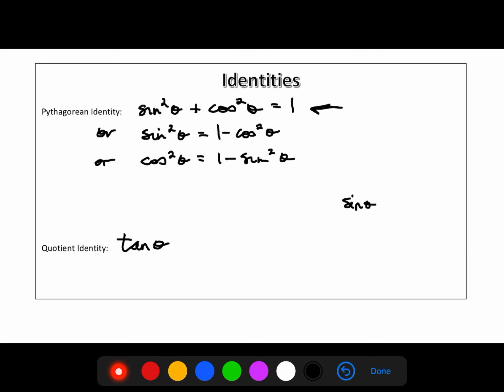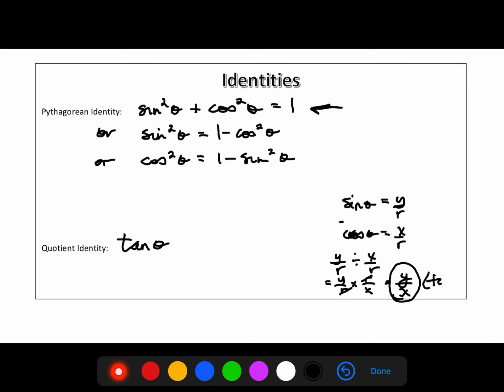Now, if we also take a look at tan theta, we want to be able to rewrite tan theta a little bit more simplified. So if we think about our sine theta from previous was y over r, cos theta was x over r. Well, if we take those and we divide them, so y over r divided by x over r, we know that we rewrite that as y over r times r over x.